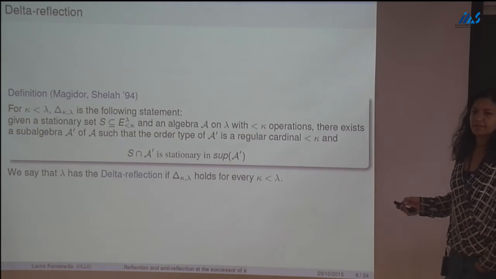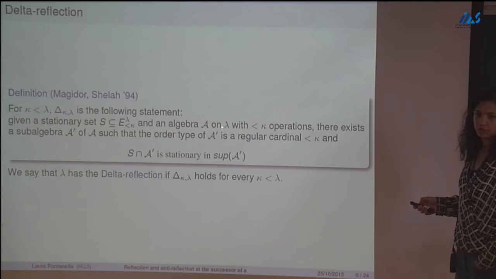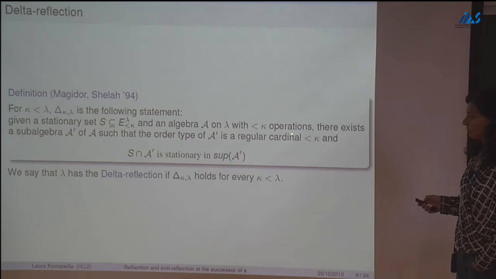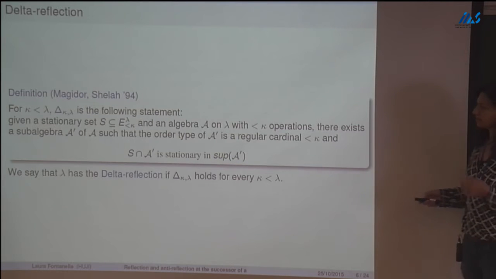So delta kappa lambda is the statement that says that whenever you have a stationary subset of lambda of points of cofinality less than kappa, whenever you have an algebra on lambda, namely any structure on lambda where you just consider less than kappa many operations, for instance you can take a group or anything you like, but you just need to take less than kappa many operations, then the principle tells you that you can find a subalgebra of order type below kappa, so a smaller subalgebra A prime, such that S intersection A prime is stationary in the supremum of A prime.